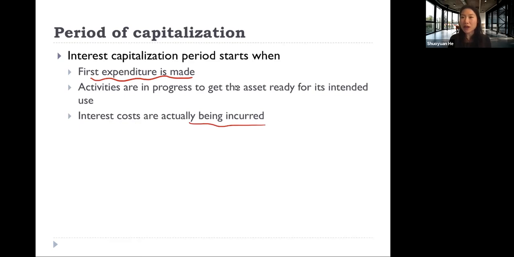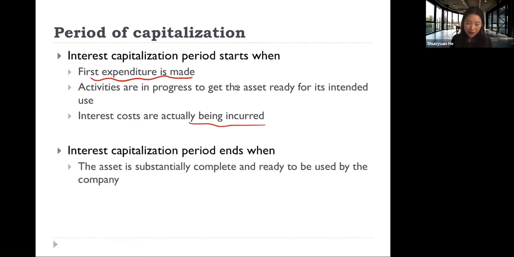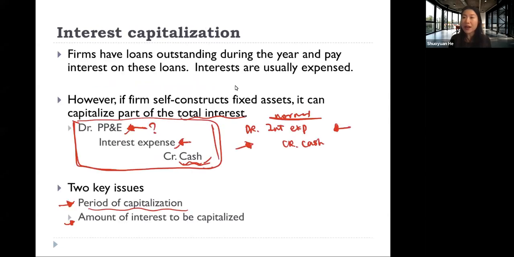Those are the criteria. And then we stop interest capitalization when the asset is substantially complete and ready to be used by the company. So that is when we start and when we stop interest capitalization. And again, interest capitalization just means that we can capitalize part of the interest into the cost of the asset. In other words, we use this journal entry instead of this journal entry.